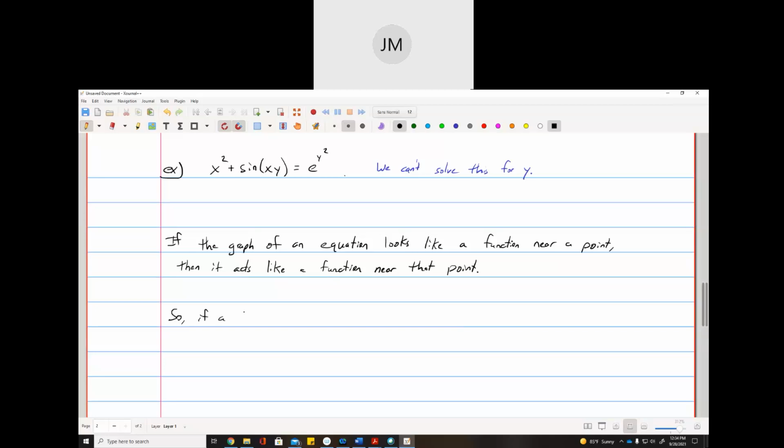So if a graph looks like a function near a point, and is what we call smooth, no sharp corners, no vertical tangents, then we can compute a derivative at that point.